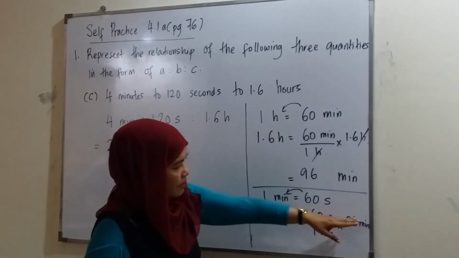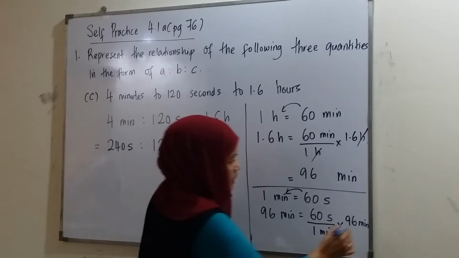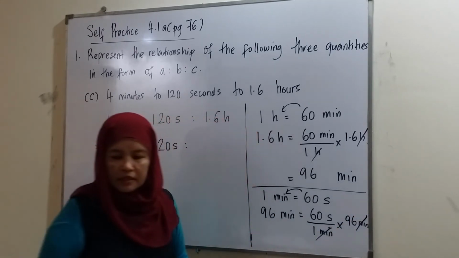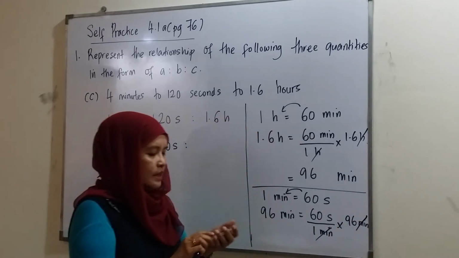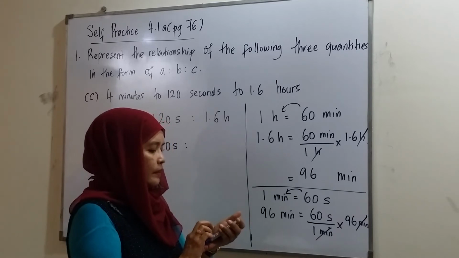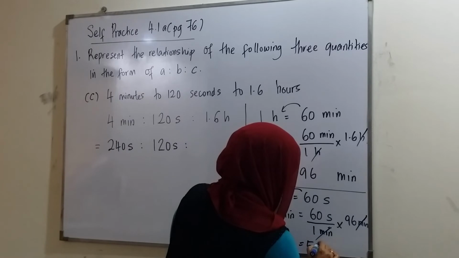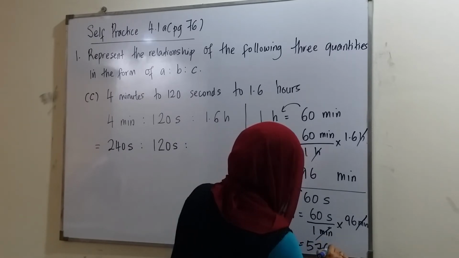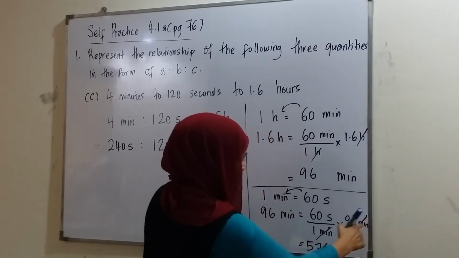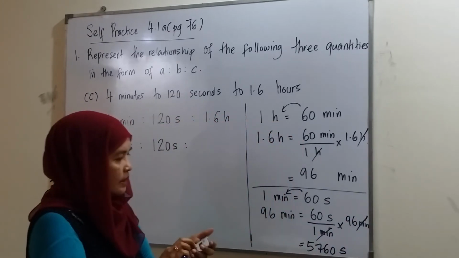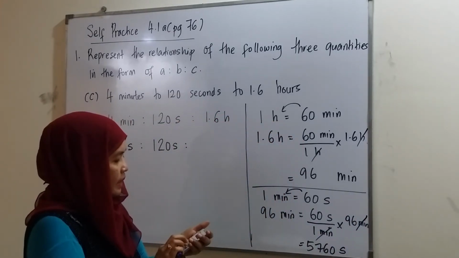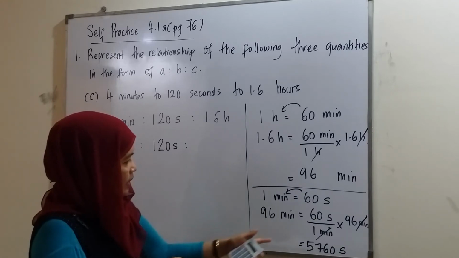So minute above, minute below, can cut. 60 seconds multiply 96 is 5,760 seconds. Because minute is gone already, leave it the second. Check again, 60 multiply 96, correct.